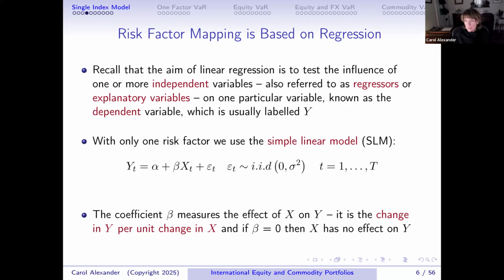So you have to think of the units of measurement. If x is in percent, then the beta measures the change in y in percent if x increases by 1%. And it's only if beta is 0 that x has no effect on y.